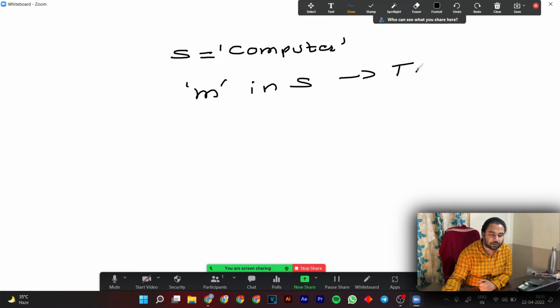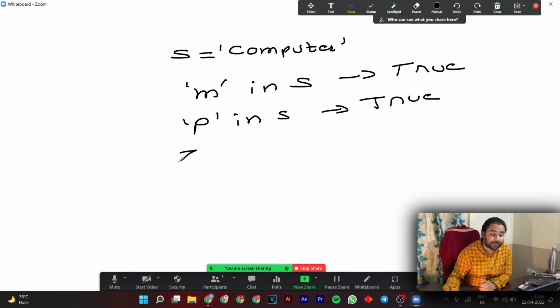A true value, because M is there in computer. If I say P in S, P is there in S, so I am getting a true value. But if I write Z in S, what am I getting? A false value, because Z is not there.